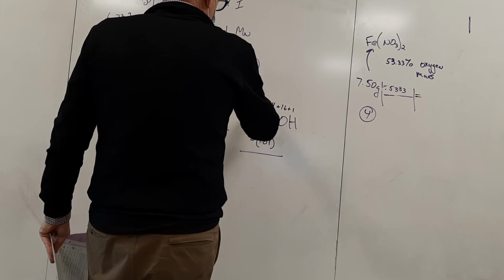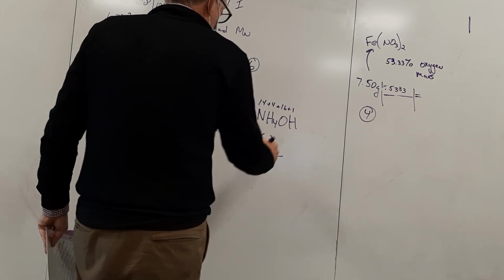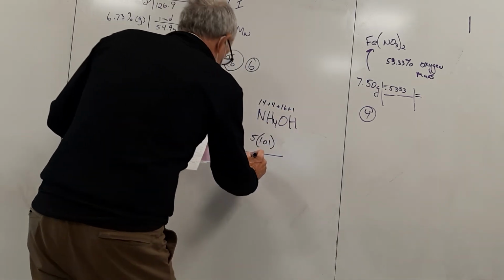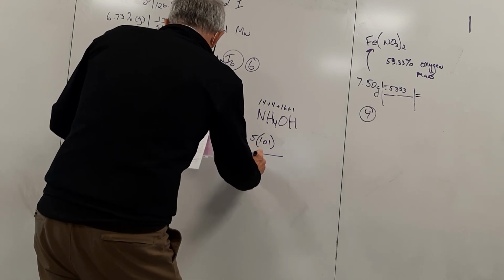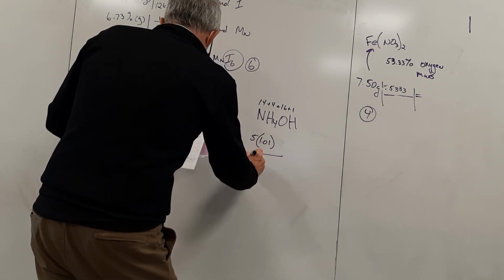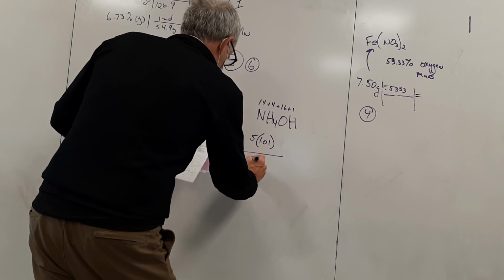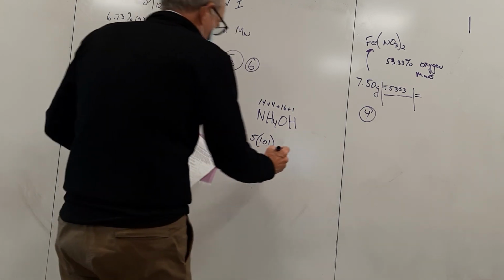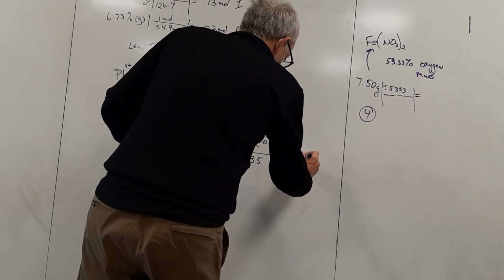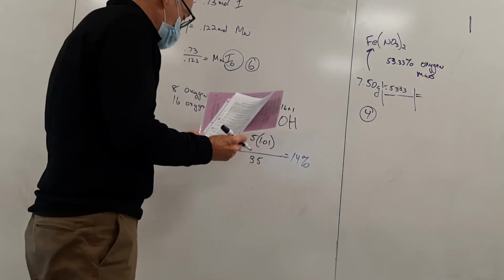That's 10, 20, 30, 35. So it ends up becoming 14%. That makes sense.